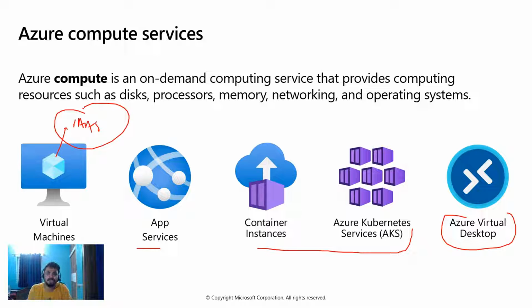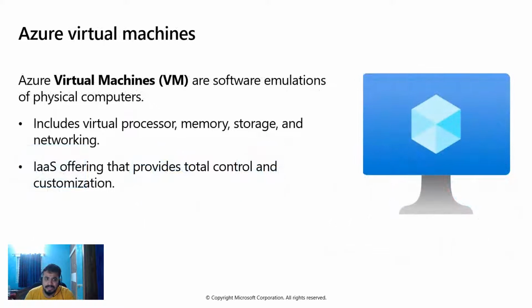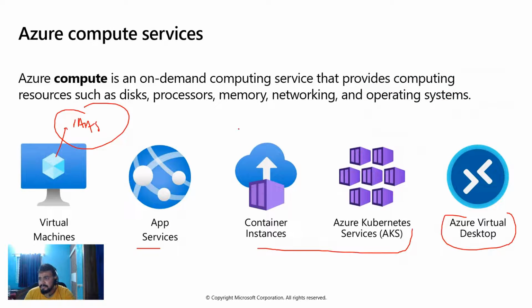Similarly, you have a virtual machine. You install the OS, you install the database, you take care of things, you release the patches, and so on. So virtual machine is that service. And web app is sort of a PaaS service where they give you everything. You just need to deploy your applications in that web app, and these are for containers. I'll get back to you on what a container is and so on.